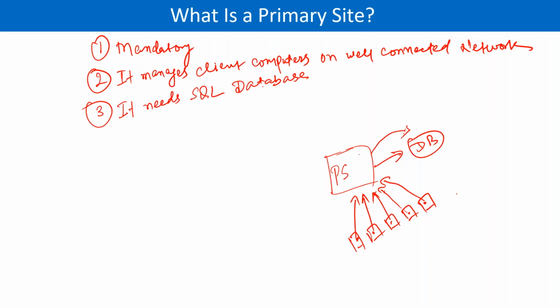Plus it also gets data from the secondary site database. So secondary has a database as well, and it is going to pass on whatever data the secondary has collected to the primary site database. Understood?